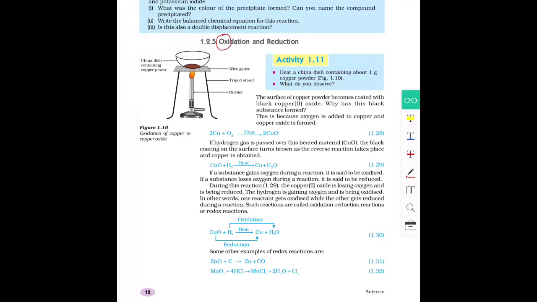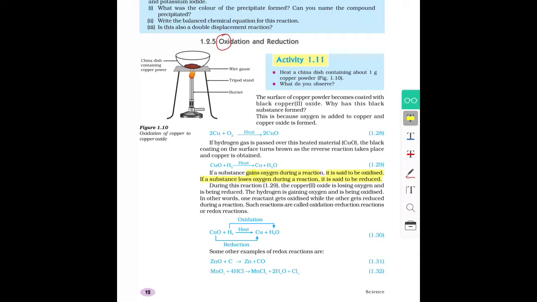If a substance gains oxygen during a chemical reaction, it is said to be oxidized. And if a substance loses oxygen during a chemical reaction, it is said to be reduced. During this reaction, the copper(II) oxide is losing oxygen and is being reduced.